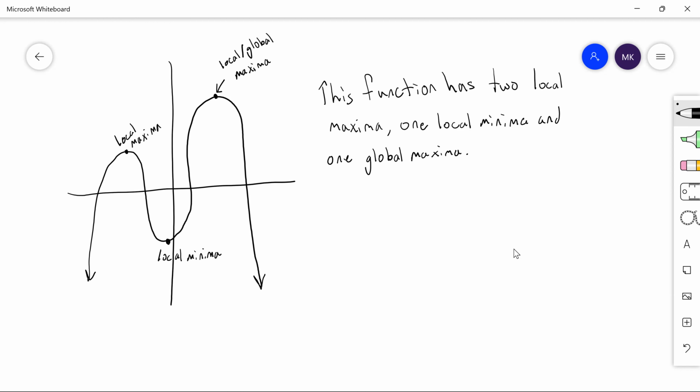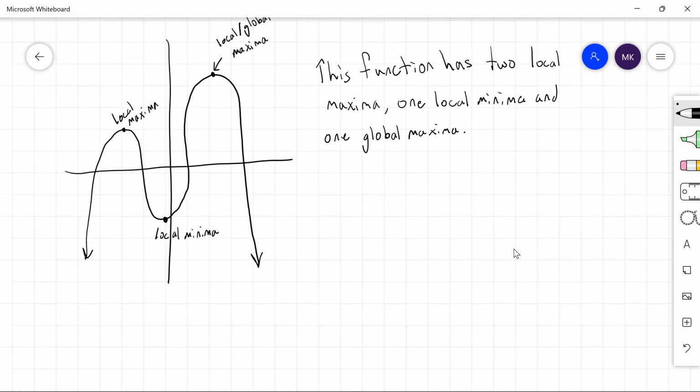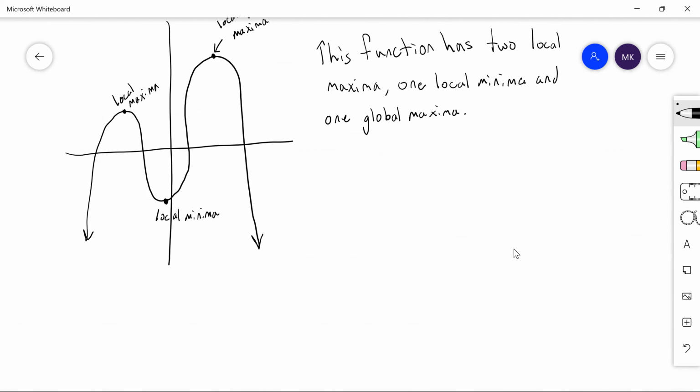Now, we can set some really formal definitions for it. We're going to do those.